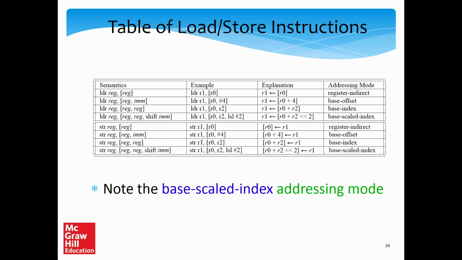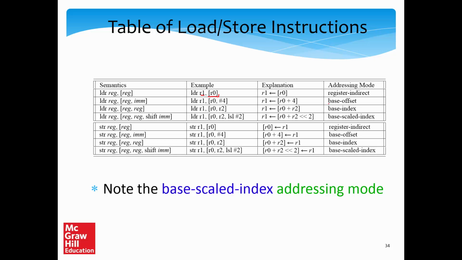So let's take a look at all kinds of addressing modes that are possible in ARM. Load and store addressing modes are very symmetric, so we'll only consider the case of load. We can have a regular register indirect mode, of the form LDR R1, [R0], where the memory address is given in R0.